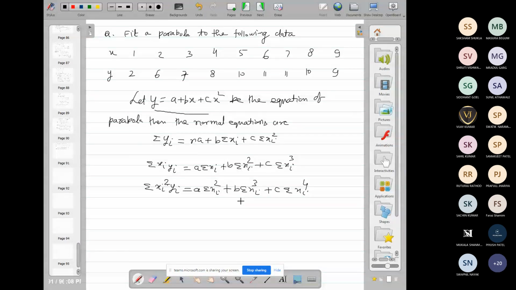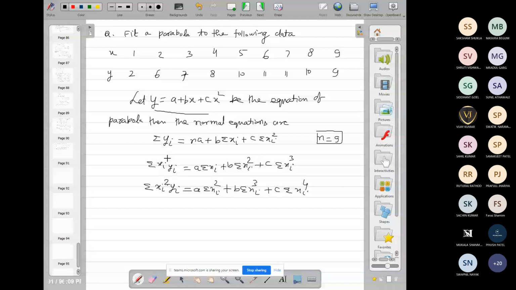So solve this for the given data and determine the value of a, b and c. Here we have three equations in three unknowns a, b, c. i is 1 to 9, so here n is 9. Then find xi, yi, and summation xi into yi.